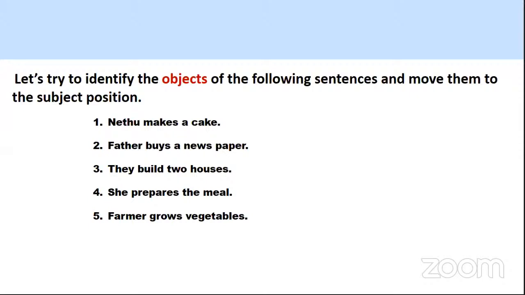Okay. Then you must try to find the object of each sentence and place them in the subject position. What you have to do is identify the object of each of these sentences and place them in the subject position.